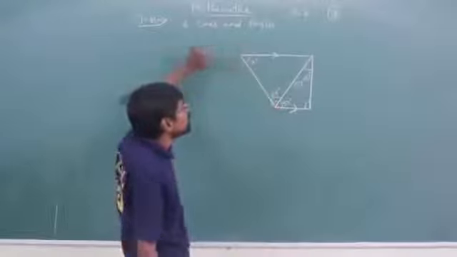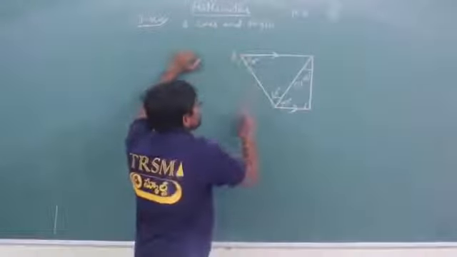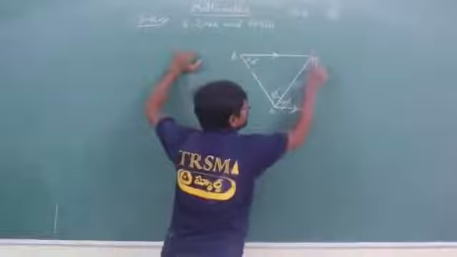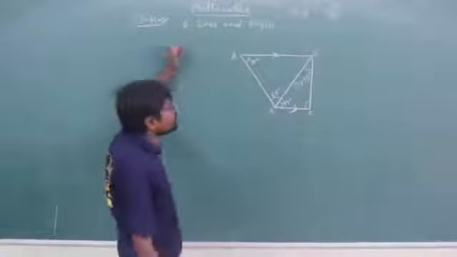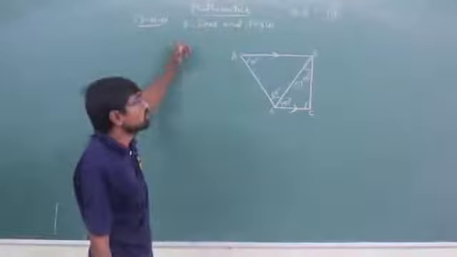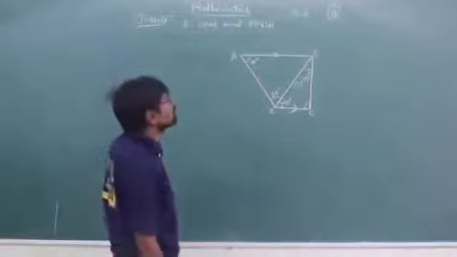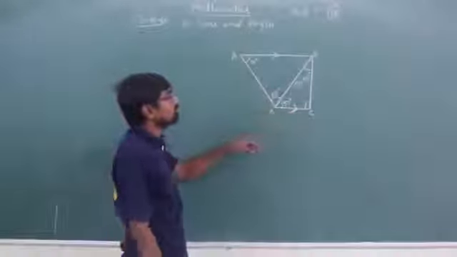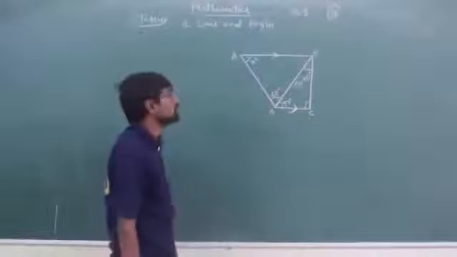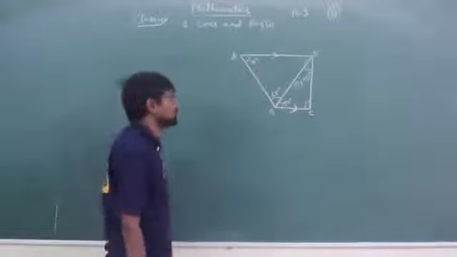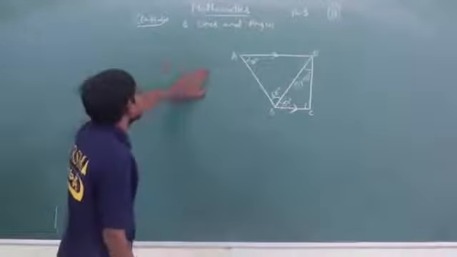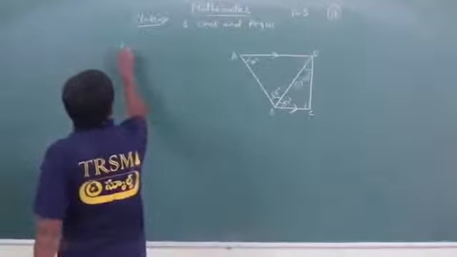Here we don't have any points, so I am assuming these as A, B, C, D. Do we have anything else? We don't. So I have taken 4 vertices, that is A, B, C and D. So from that we have to write the solution.